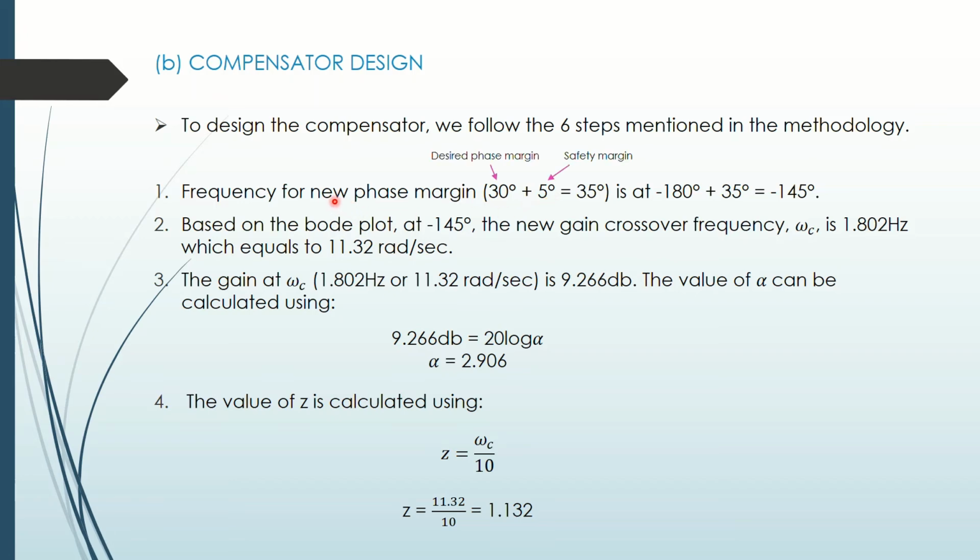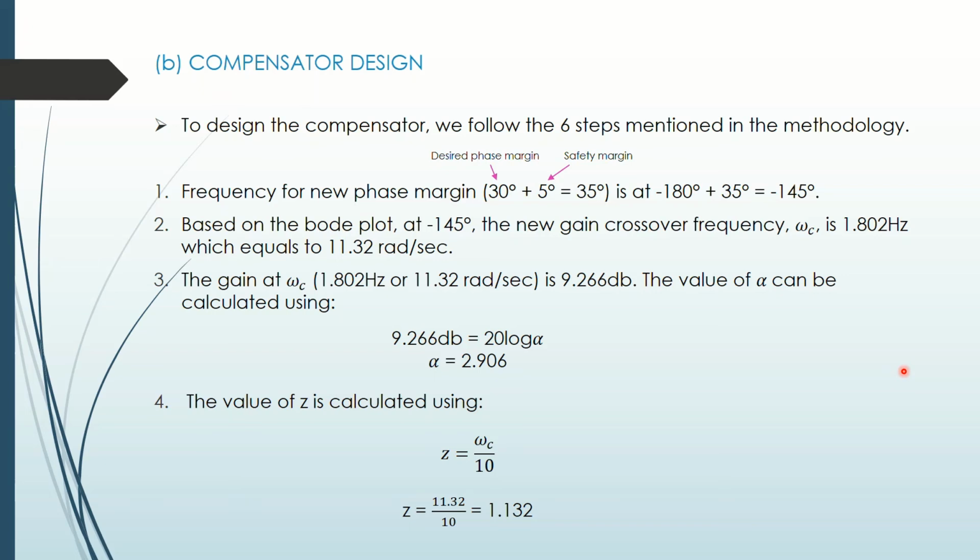The phase for our new phase margin is negative 180 degrees plus 35 degrees, which equals negative 145 degrees. Based on the Bode plot, at negative 145 degrees, the new gain crossover frequency, omega c, is 1.802 Hz, which equals 11.32 radians per second.